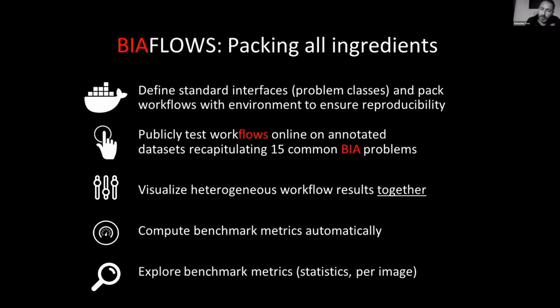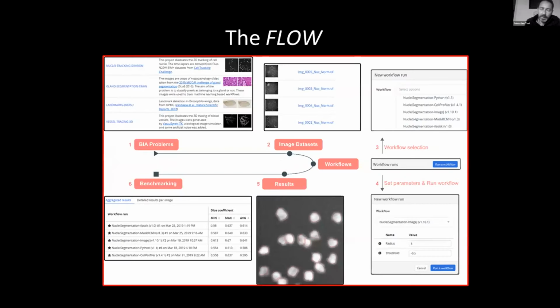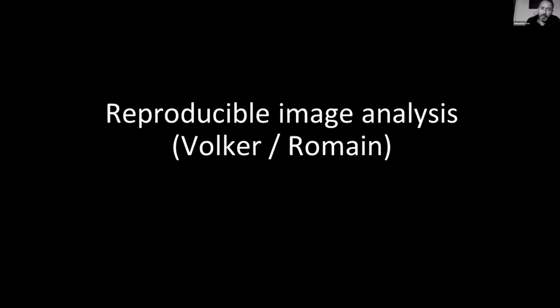The workflows run online on the server, and the benchmark metrics are computed and can be explored in an interactive way. In every problem, you have many images. You can get the statistics of a specific metric over all the images, or also see it per image. Raphaël will demo this, so I stop here. This is coming not now, but after the technical presentation by Volker and Romain.